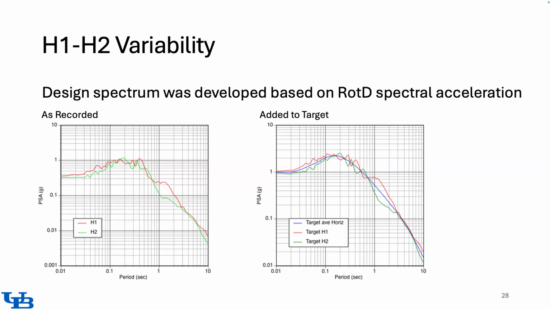So for example, we don't need to entirely drop this peak and increase this trough, but only slightly modify them so that the average of the two is close to the target.